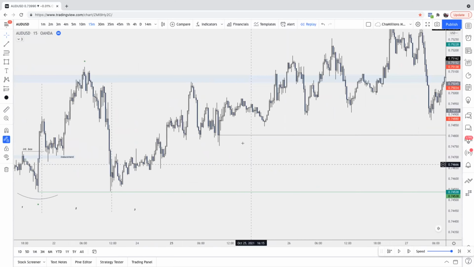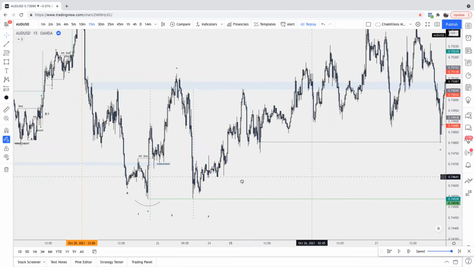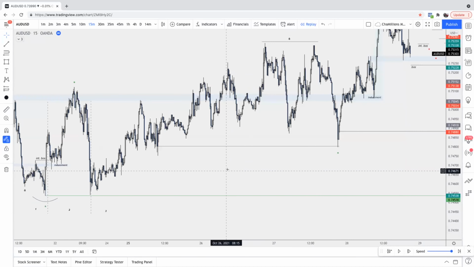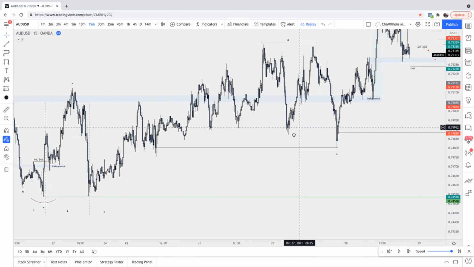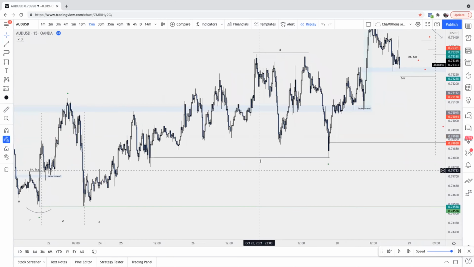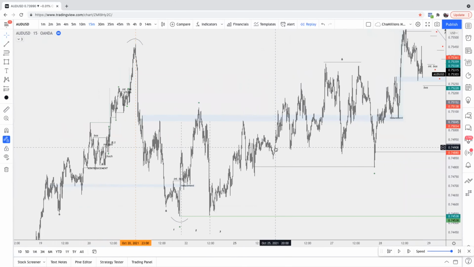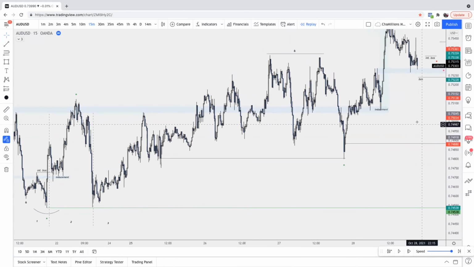And two, I don't like to see, in this expansion phase, price making a lot of higher highs and higher lows, mitigating a lot of nice mitigations and running liquidity, but really not going anywhere. That alludes to me that this is potentially building liquidity for price to then go lower.